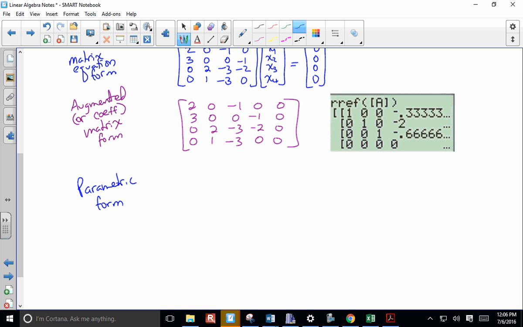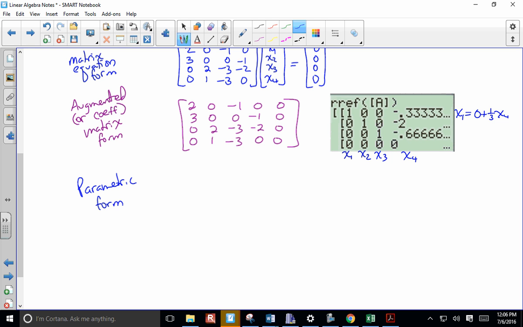Now we have x1, x2, x3, and x4. There's no x5, that's the zero matrix. So in the case of x1, it would be 0 plus 1/3 x4. And you could do that for all the remaining ones too.